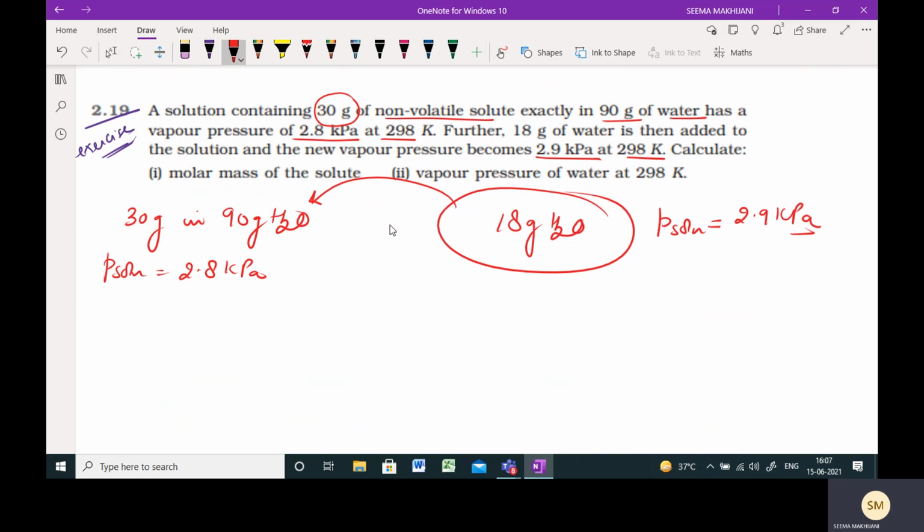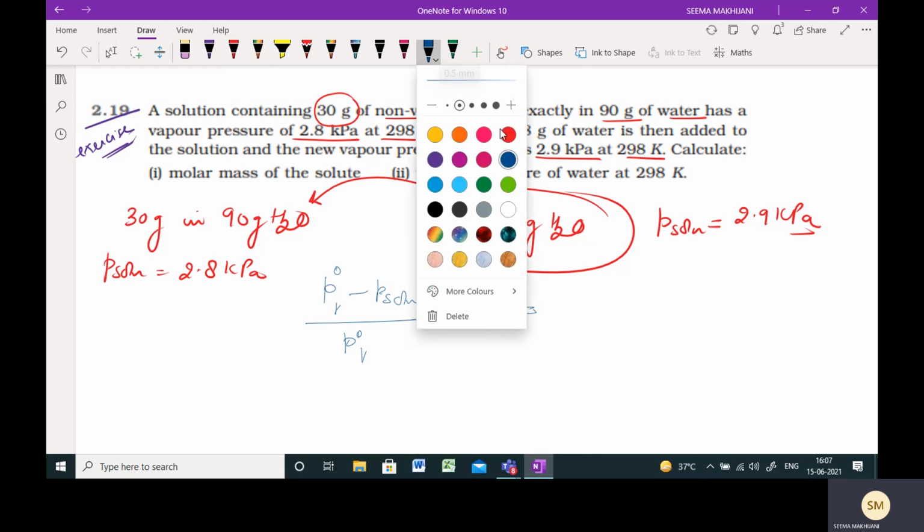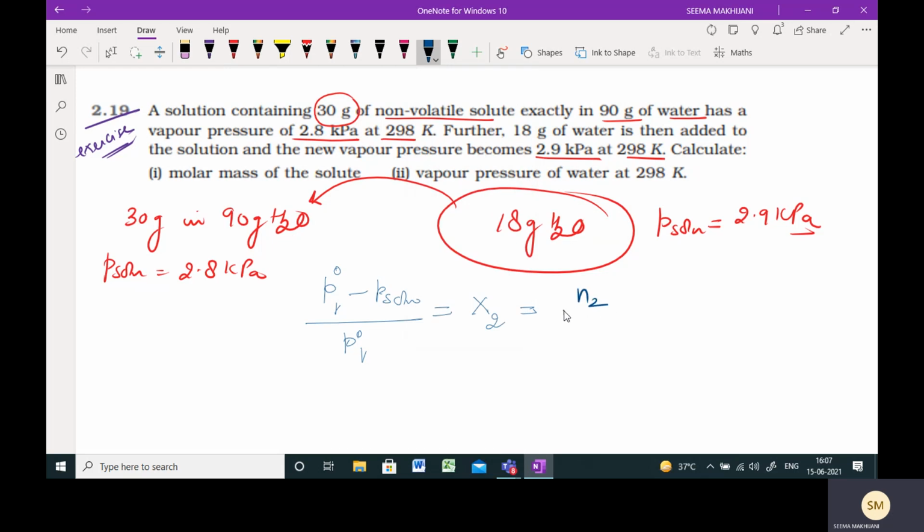Now the question is of relative lowering of vapor pressure. So the relative lowering of vapor pressure, the formula is P naught 1 minus P solution divided by P naught 1 is equal to mole fraction of the solute. This mole fraction is then equal to N2 by N1 plus N2.